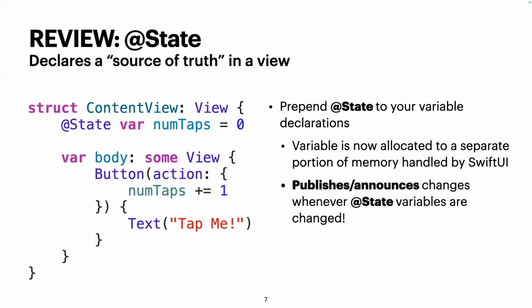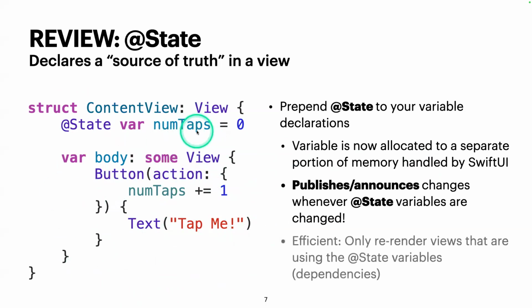And whenever this variable changes or updates, since it is an @State, it will re-render the view if there are any dependencies. Since in this view we have numTaps right here, when I press on it, it will increment numTaps by 1. And if we show numTaps here, for example, then since there's a dependency, SwiftUI will re-render the view to update or reflect the new value.